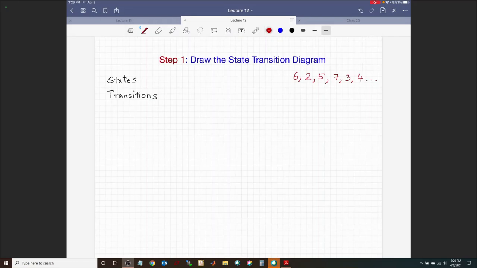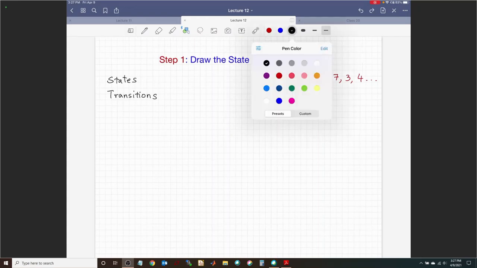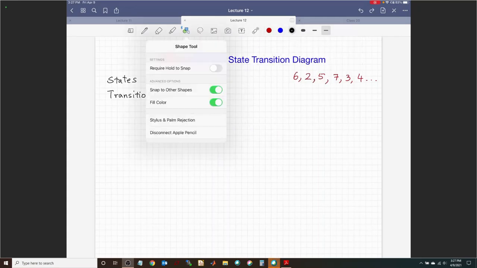Now, if I wanted to draw the state transition diagram here, I'm going to draw circles representing states. How many states do I have? I have 6 unique states in this problem. So I'm going to draw 6 circles. I don't want it to be shaded inside.